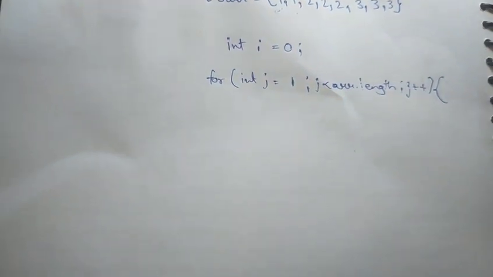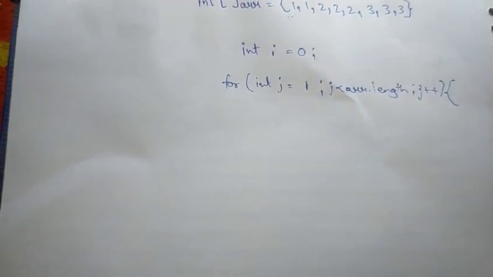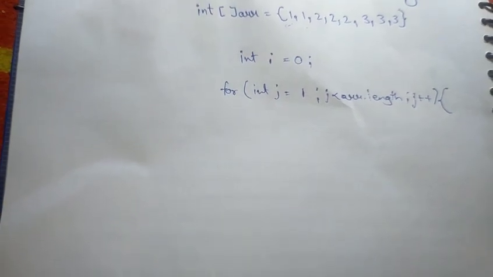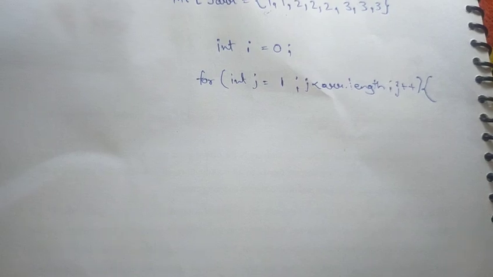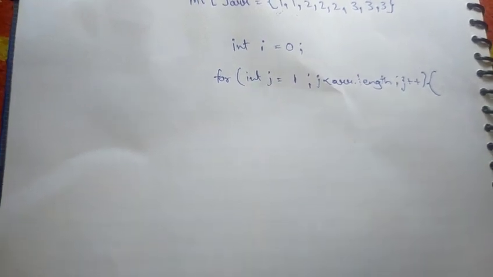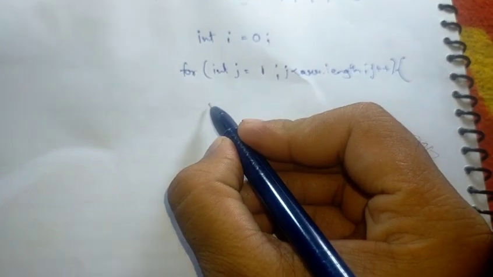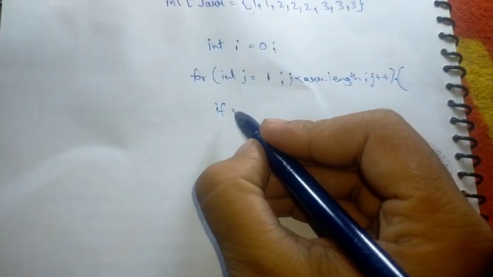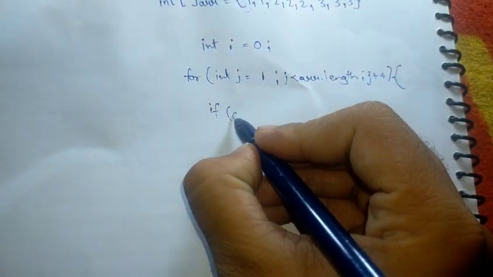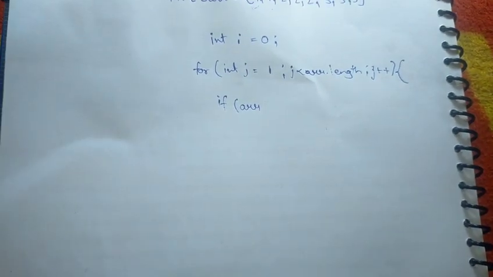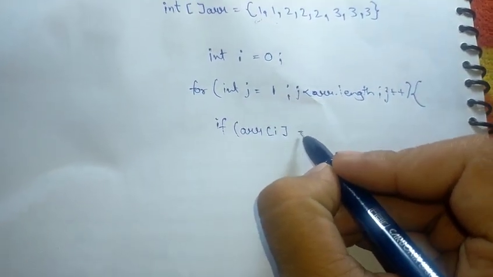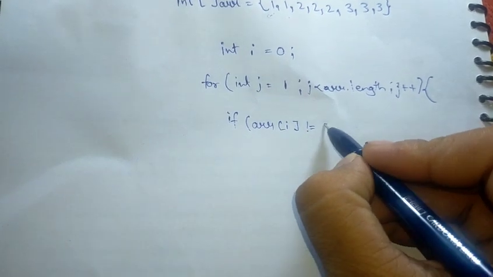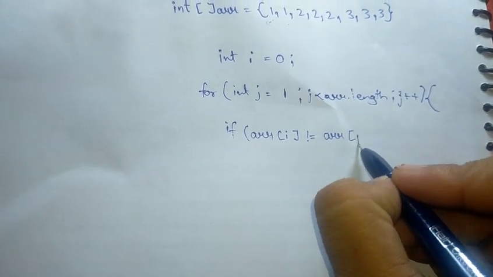After that, the first step is to check. How do we check? We apply a condition, as always. For checking we use an if condition: if array of I is not equal to array of j.